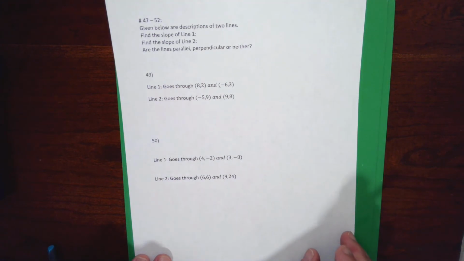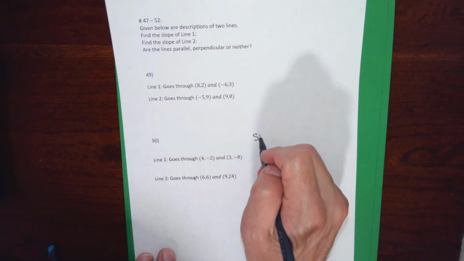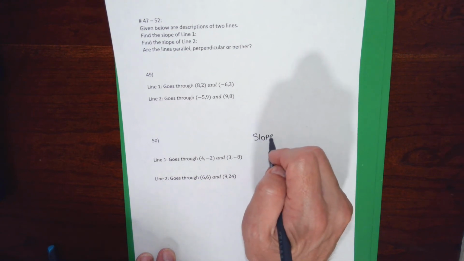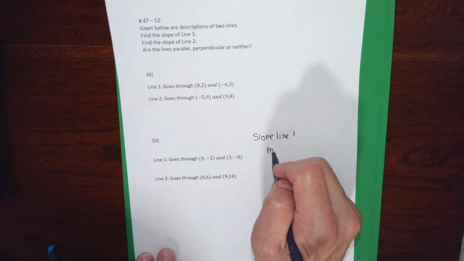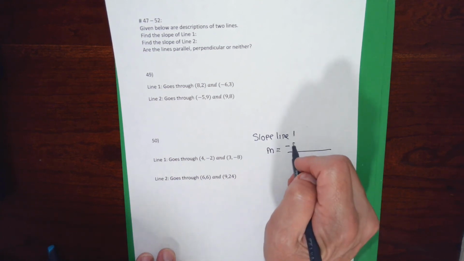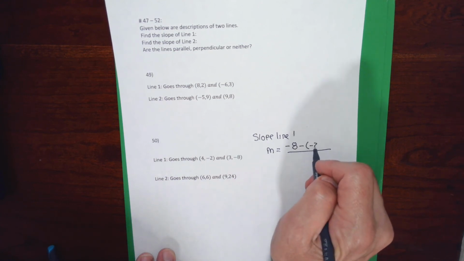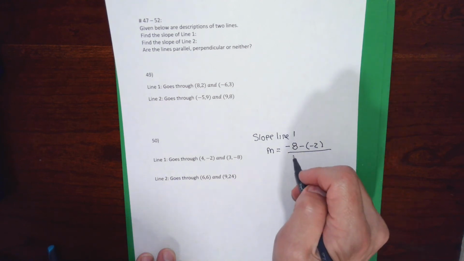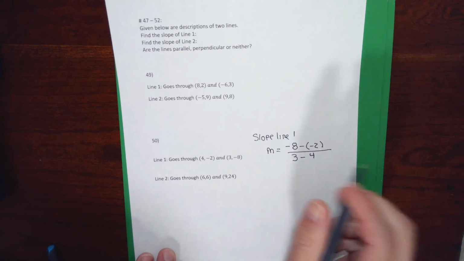So same deal for problem 50. Find the slope of line 1, find the slope of line 2, figure out if they're parallel, perpendicular, or neither. So I'm going to start off doing the slope of line 1. I'm going to write m for slope, and then y-coordinate of the second point, -8, minus y-coordinate of the first point, -2, over x-coordinate of the second point, 3, minus x-coordinate of the first point, 4.